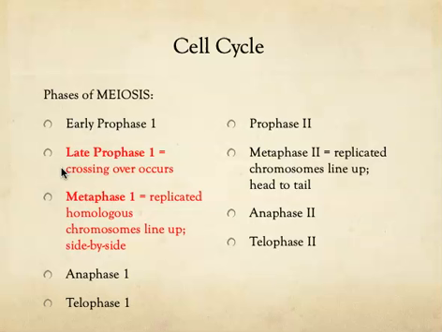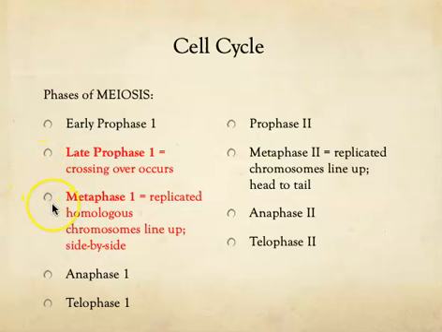Crossing over is what produces this. Similar types of chromosomes that are inherited from the mother will cross over with similar types of chromosomes that are inherited from the father. They will switch and swap bits and pieces of DNA between them. That's crossing over, and it occurs in late prophase 1.